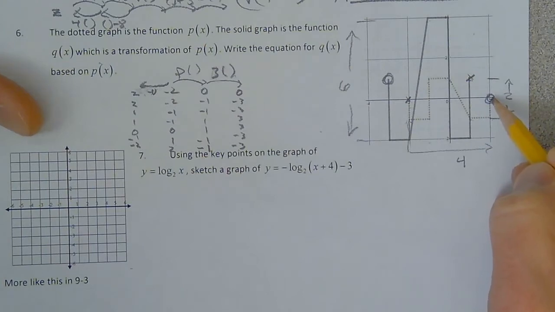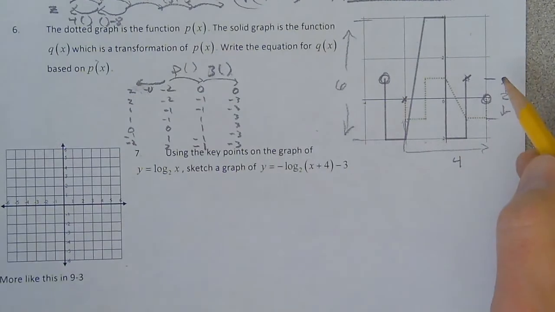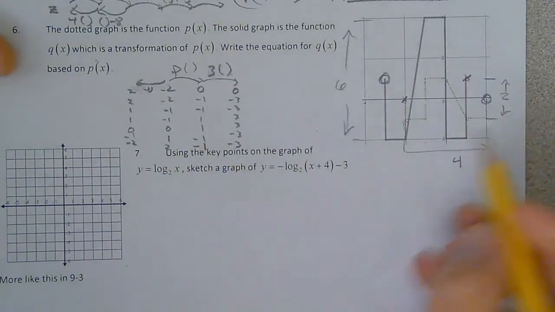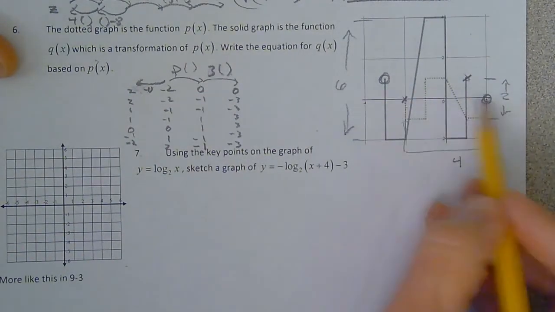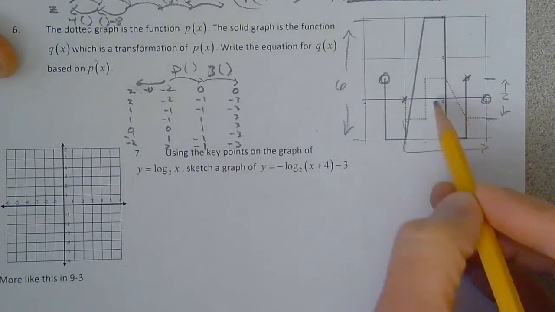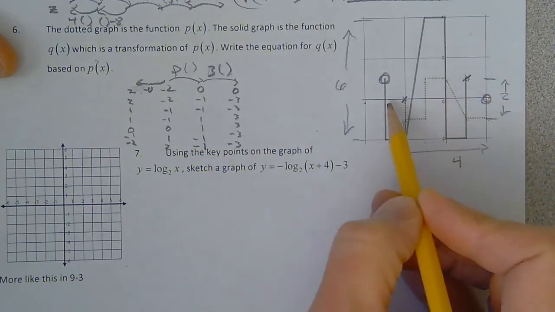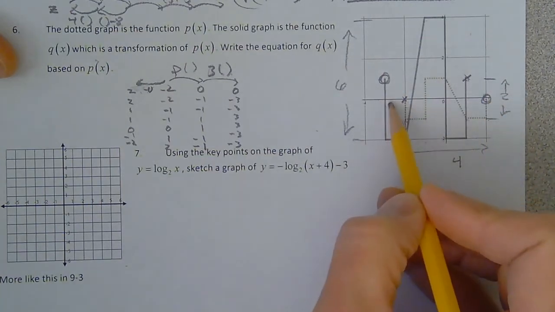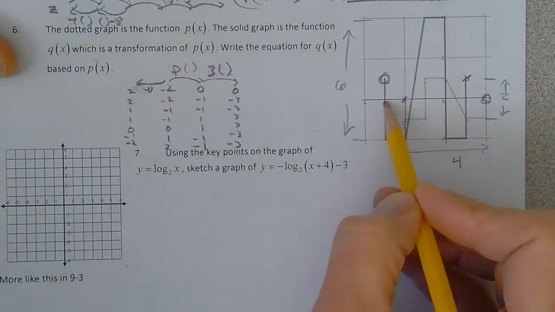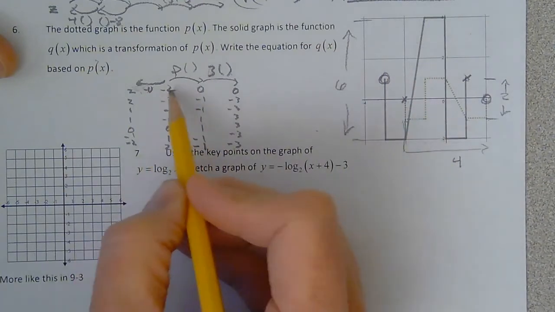I think the point's got to end up here. So we identified before that on the original point, the point that was at 2, 0 should end up back over here at -3, 1.